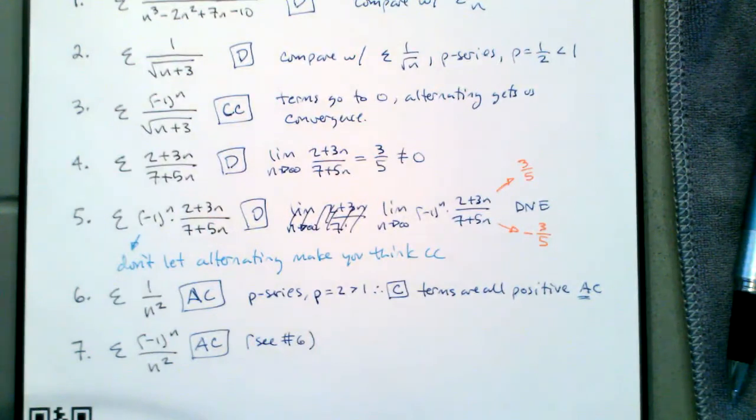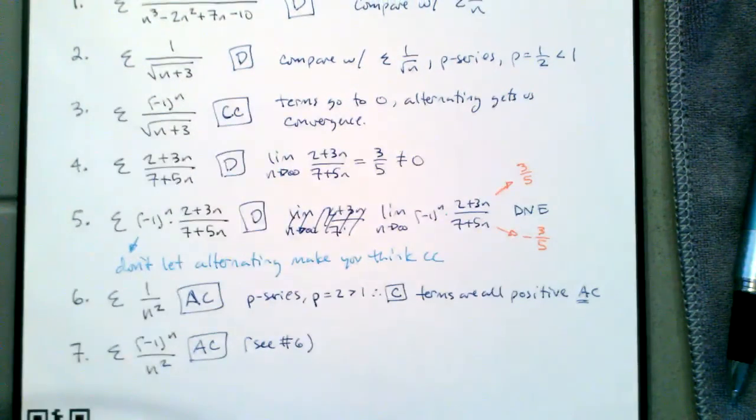On one hand, it's easier to see why this is absolutely convergent immediately following 1 over n squared. On the other hand, psychologically, it's difficult because the -1 to the n makes you think conditional convergence. It's not the alternating that's getting us convergence here.